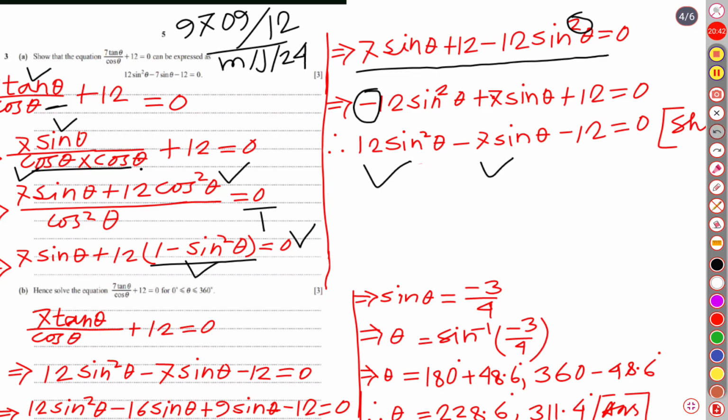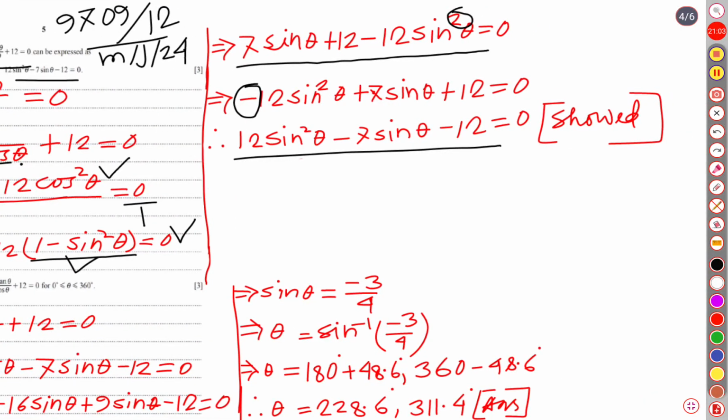They told us to show that 7 tan theta over cos theta plus 12 equal to 0 should be expressed as 12 sin square theta minus 7 sin theta minus 12. So we have got the answer. That's why we have written here 'shown'.